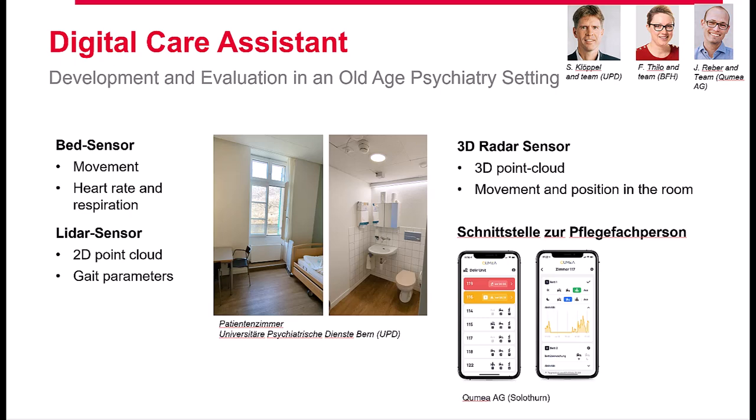This one measures the movement of patients and also their position in the room. There is an interface to a nursing specialist giving them an overview of the different patients in the different rooms, indicating where they should go next.